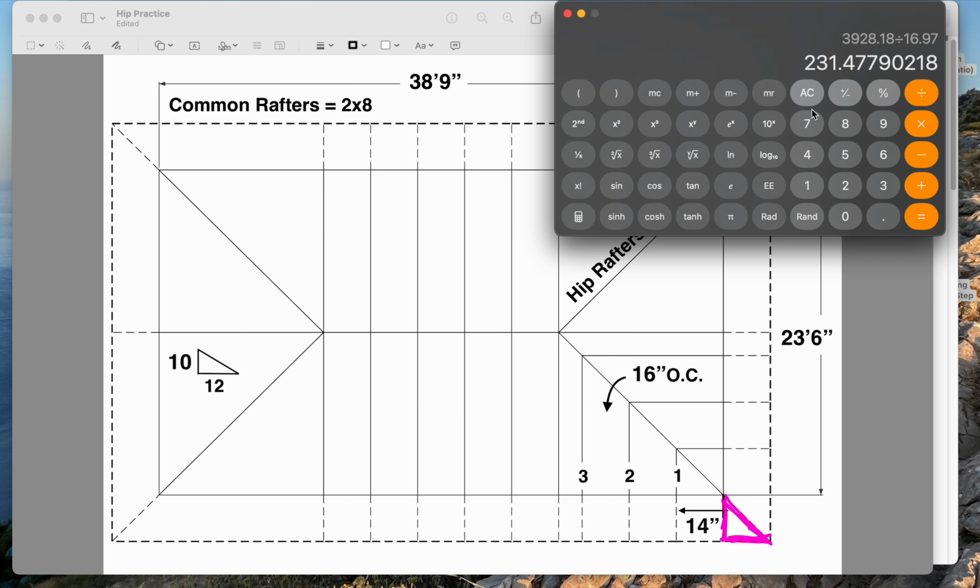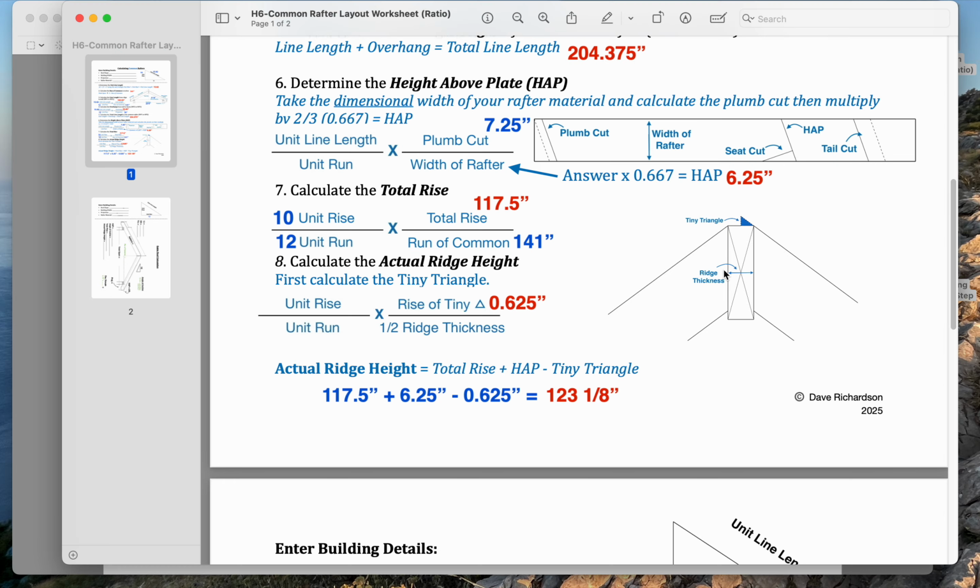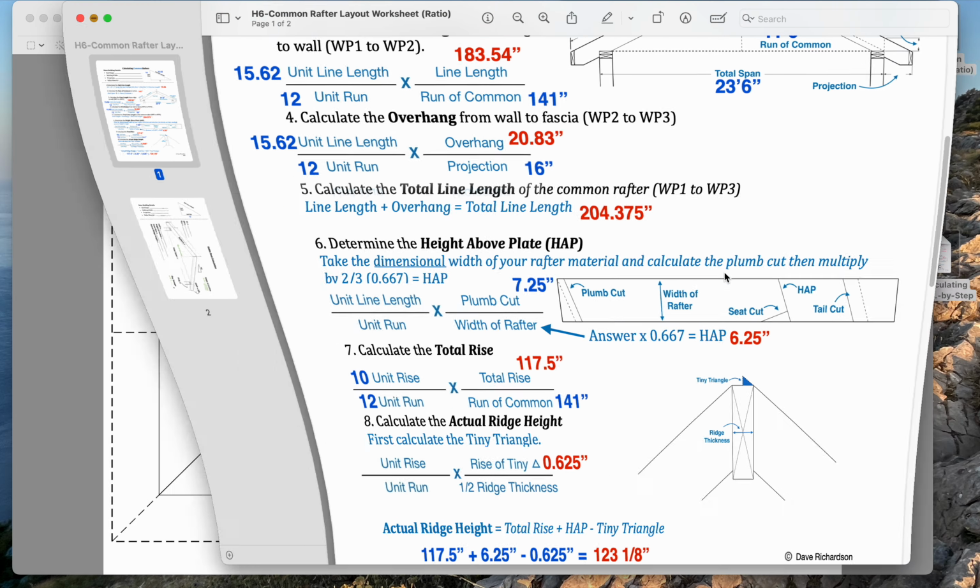Okay, so very quickly we'll go 16 squared plus 16 squared and square root it. And so the run of the hip on the angle on the hypotenuse here is going to be 22.63. Okay, so 22.63.